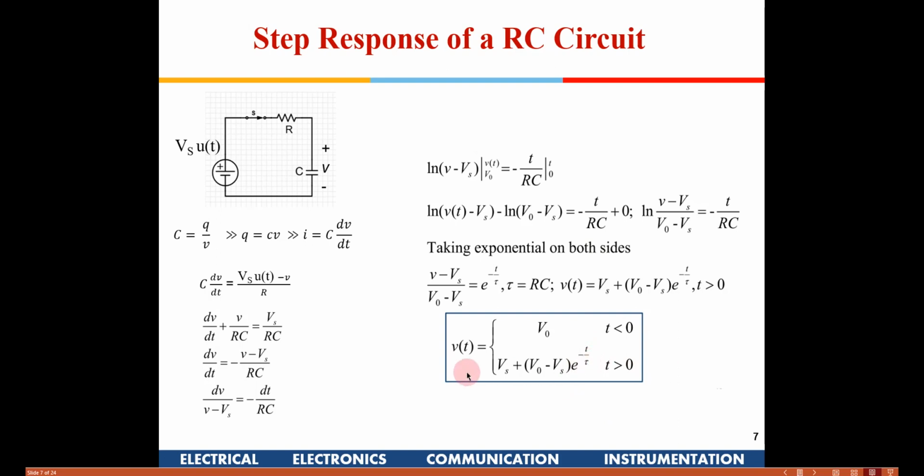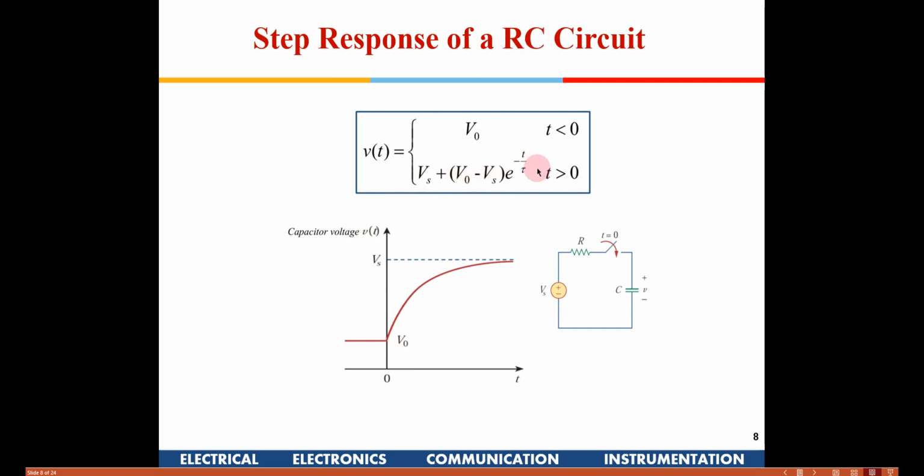So this is the actual expression for the voltage across the capacitor. This is not the special case where V0 is 0. This is the full equation, considering there could be some initial charge, some voltage across the capacitor. This is the main equation, you could say, for the voltage across the capacitor.